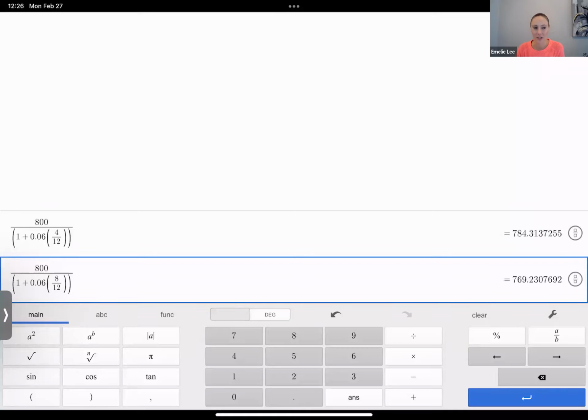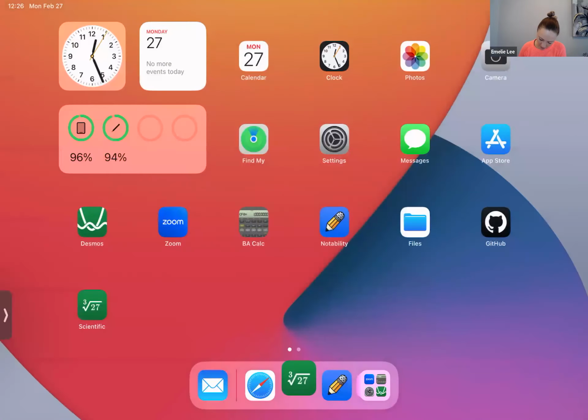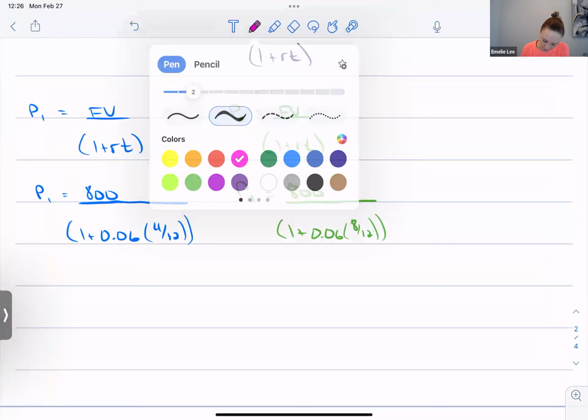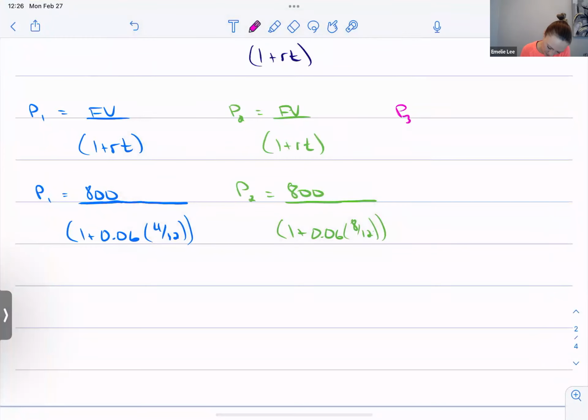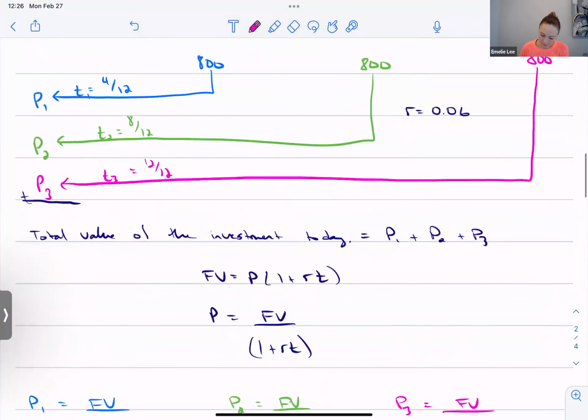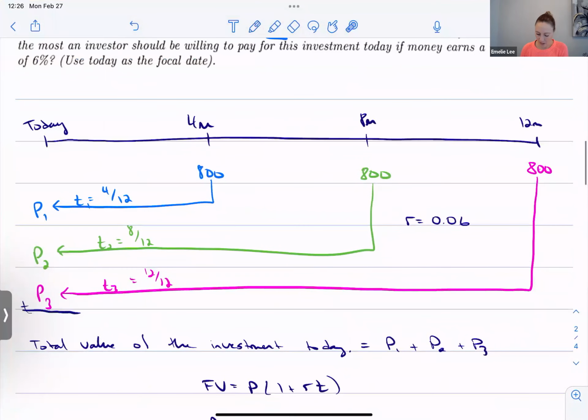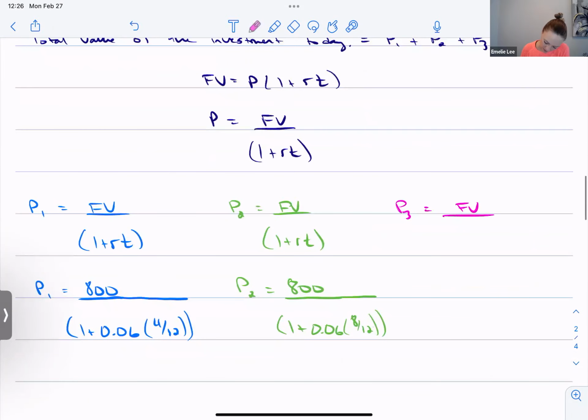Again, I'm going to finish the last calculation before I bring that in, but I will bring it in, promise. Notice how we're doing the same thing over and over again, right? 800 is being pulled back. So 800 is the future value and T is 12 over 12 or 1, right? To find that present value 3.